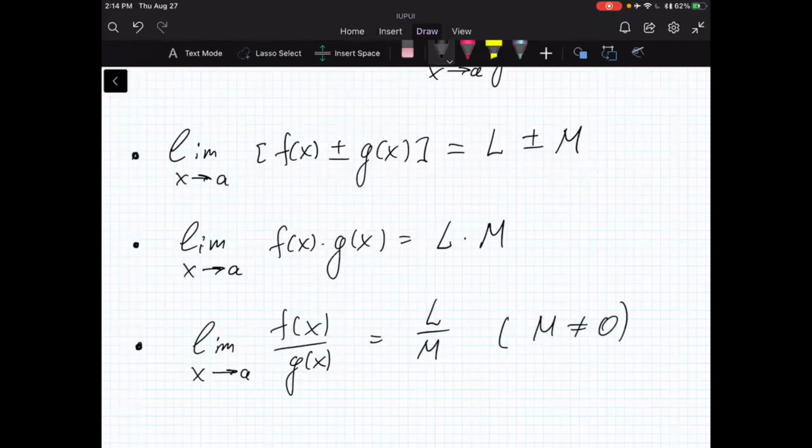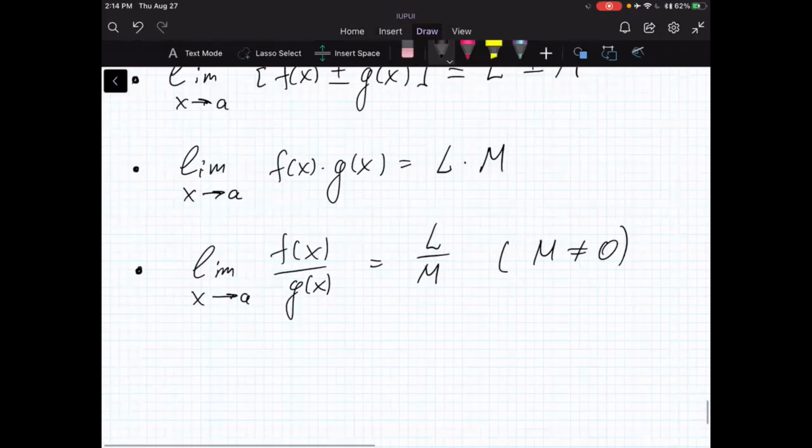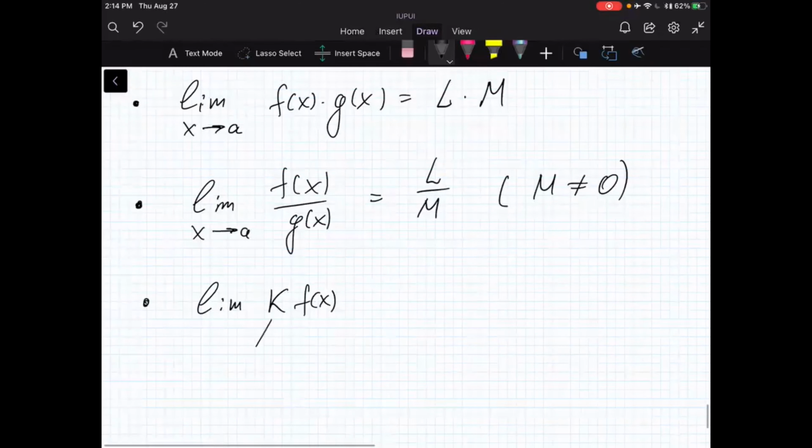In case when it's 0, you should investigate it more accurately. And the last one, that if you multiply your function by some constant, then the limit will be multiplied by the same constant.